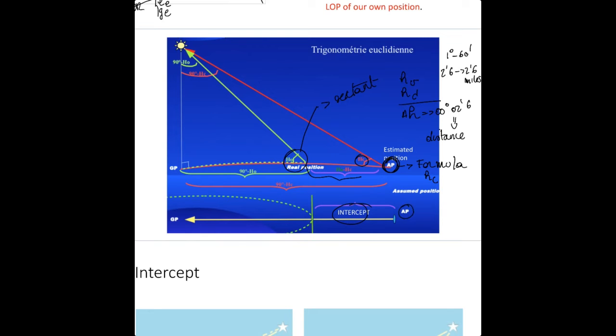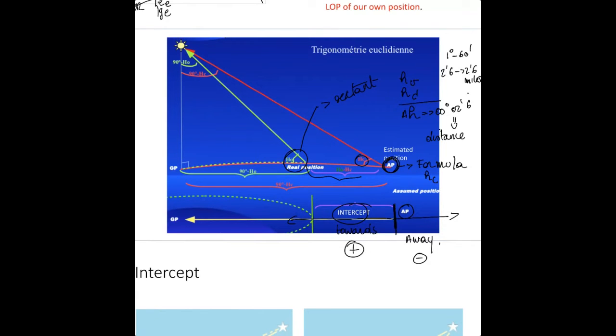So we have our assumed or estimated position, and then starting from that position, we will either measure the intercept towards our geographical position or away from our geographical position. Okay, this depends on whether the intercept is positive or negative.